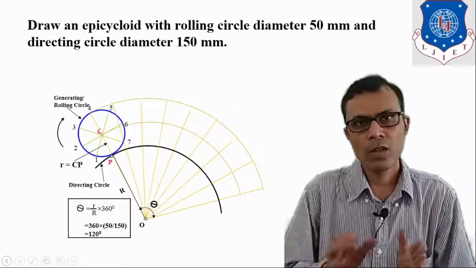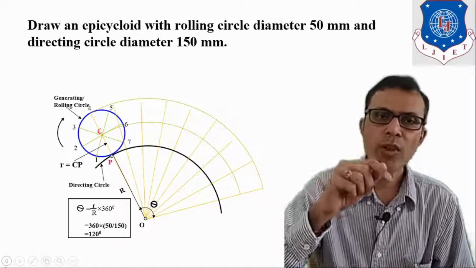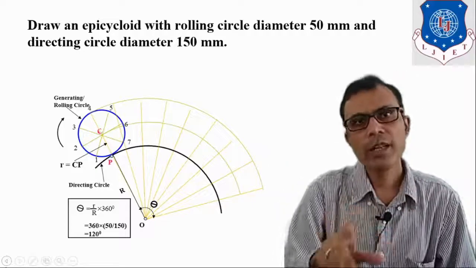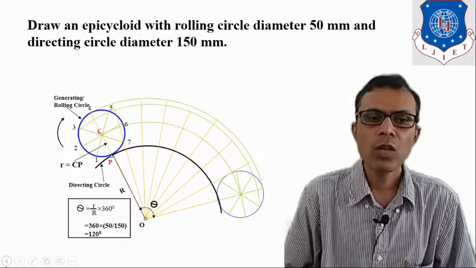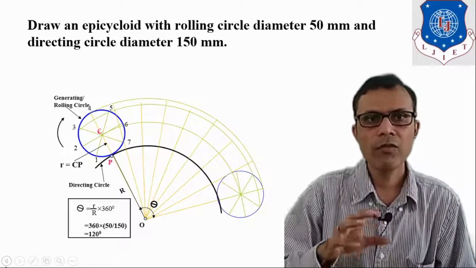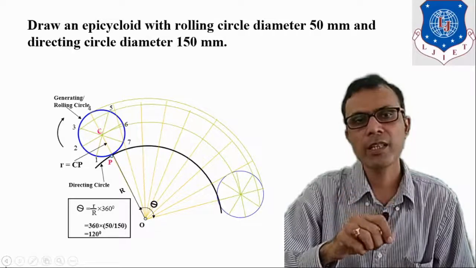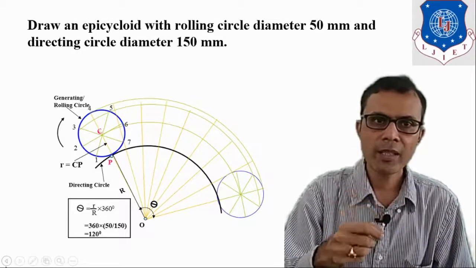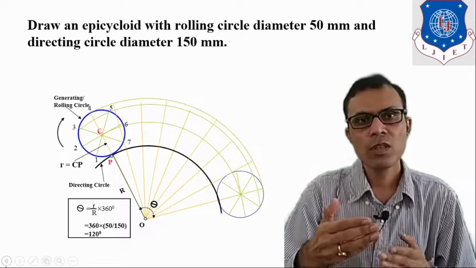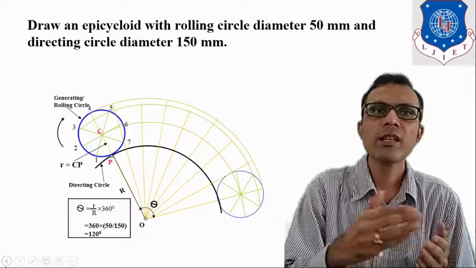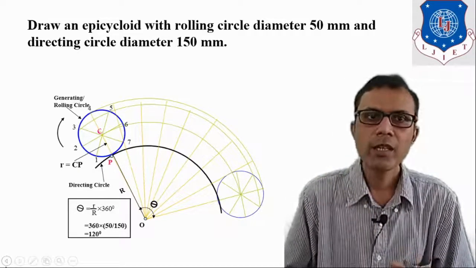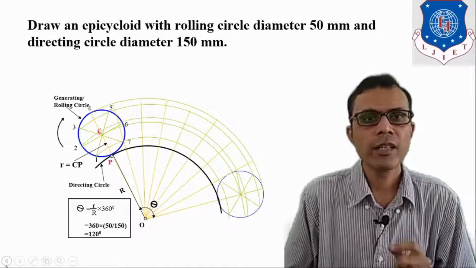Now draw the central arc: keep O as center, set the compass size equal to distance OC, and draw the arc. Now from each and every division of the rolling circle we have to draw an arc. For that we keep O as center point, and the compass size would be from O to the respective division. We set that compass size and draw all the arcs as shown here.